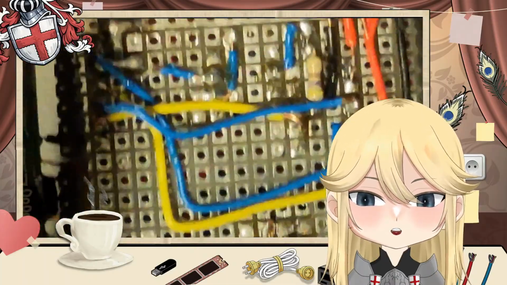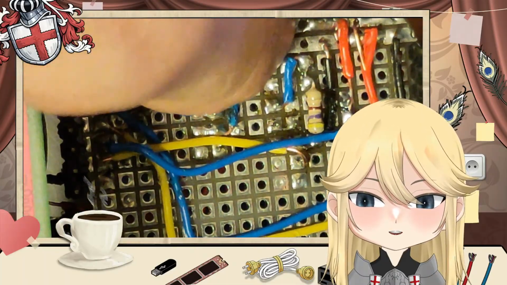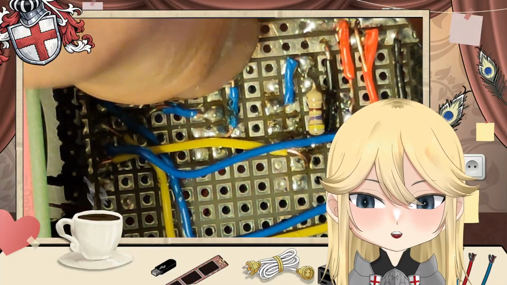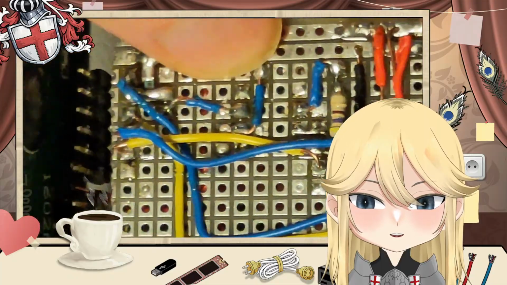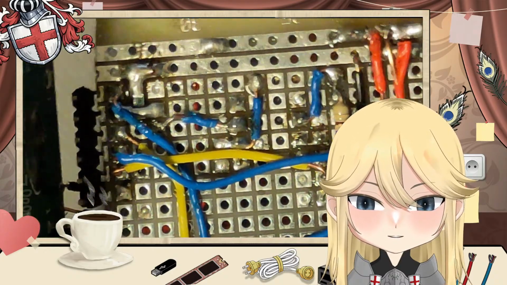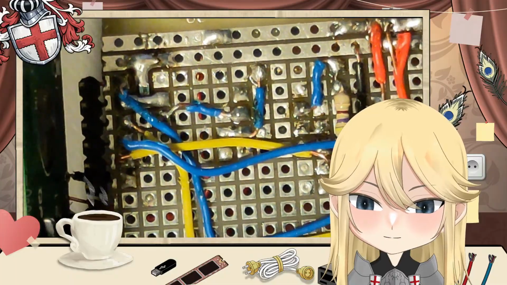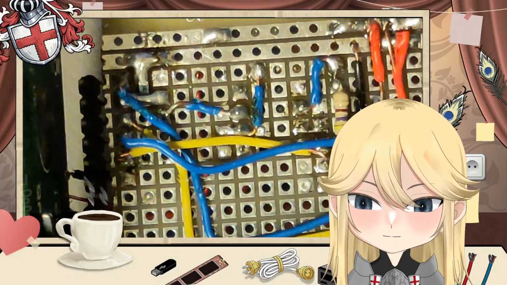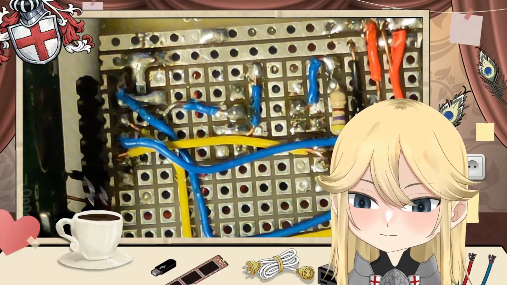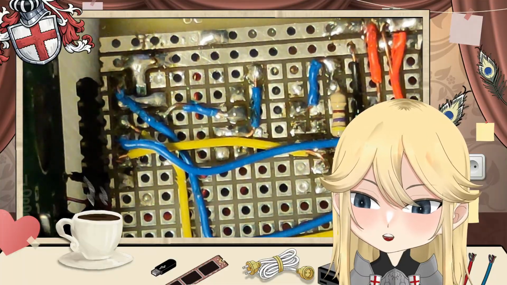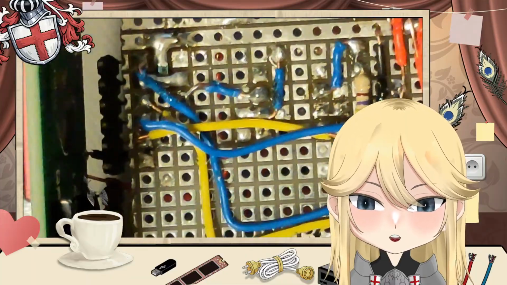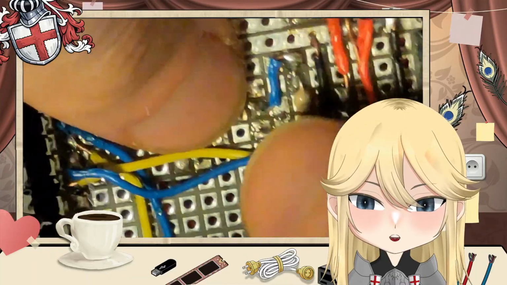Now, this needs... This isn't connected to anything, is it? What is it supposed to be connected to then? It's supposed to be connected to the other resistor, but this is that one.